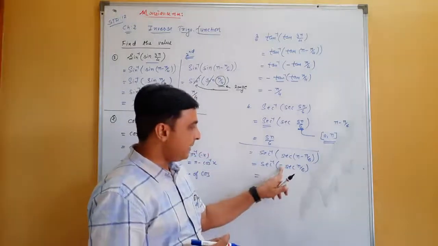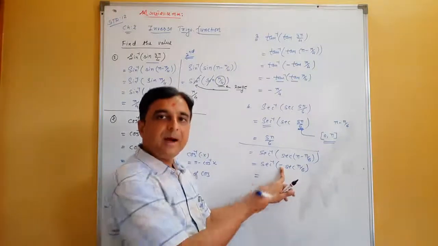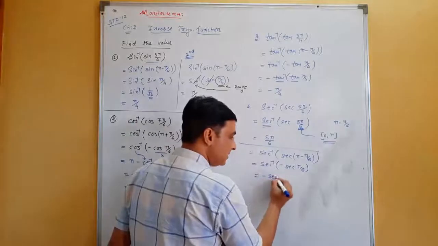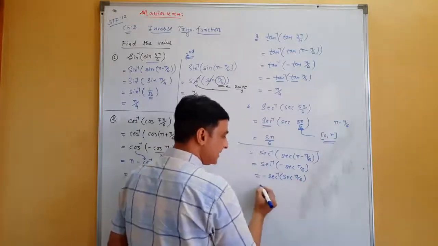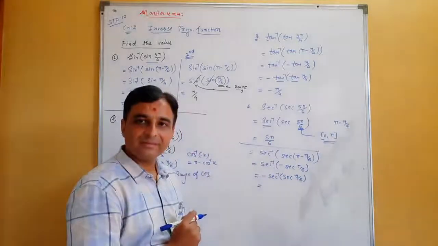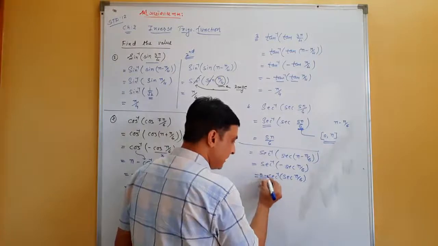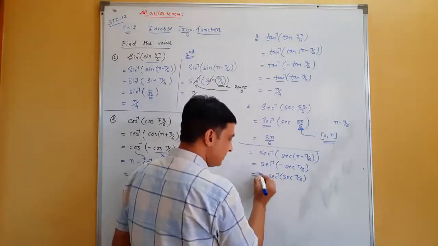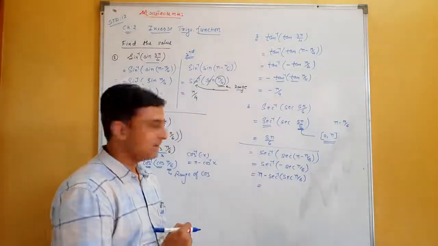Now, if the minus sign is inside for sec inverse, the minus will become outside, so this is minus sec inverse sec pi by 6, and it becomes pi minus sec inverse sec pi by 6.